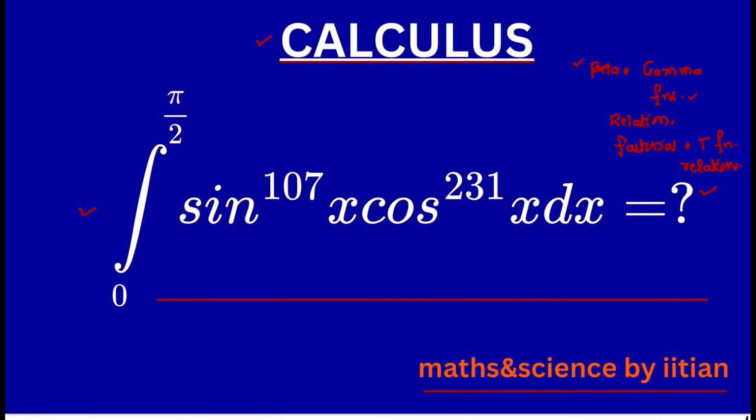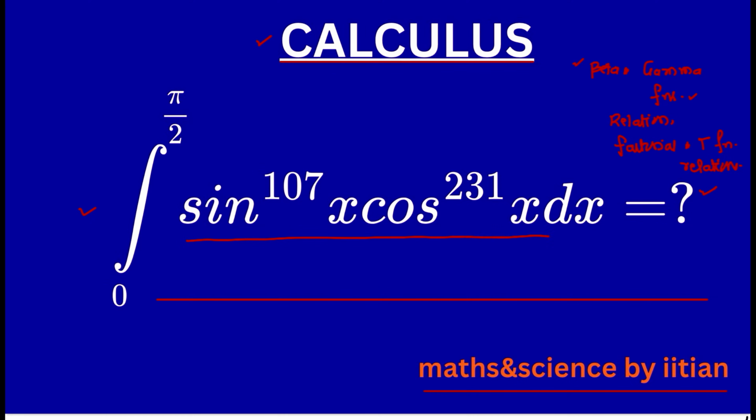What we have to find out? We have to find out the definite integral with limits, boundaries or bounds from 0 to pi by 2. The function is sin to the power of 107x into cos to the power of 231x dx.